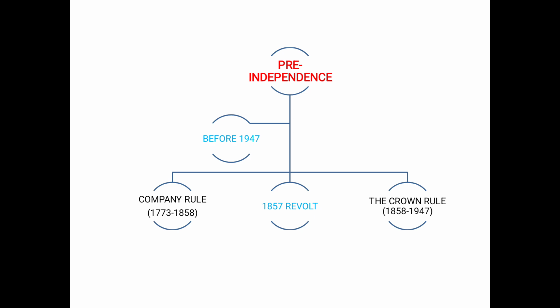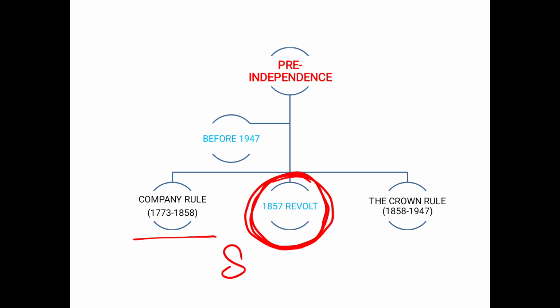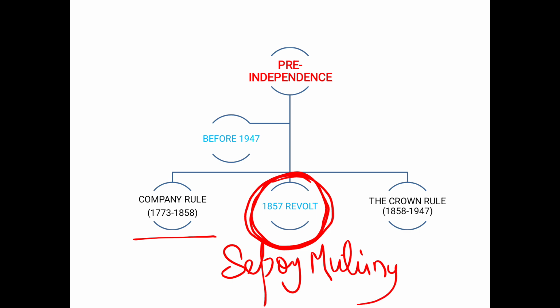The company rule is from 1773 to 1858. We have taken the 1857 revolt, also called the Sepoy Mutiny, as the reference. This is not unknown to anyone. Everyone knows that the Sepoy Mutiny played a major role in Indian independence.